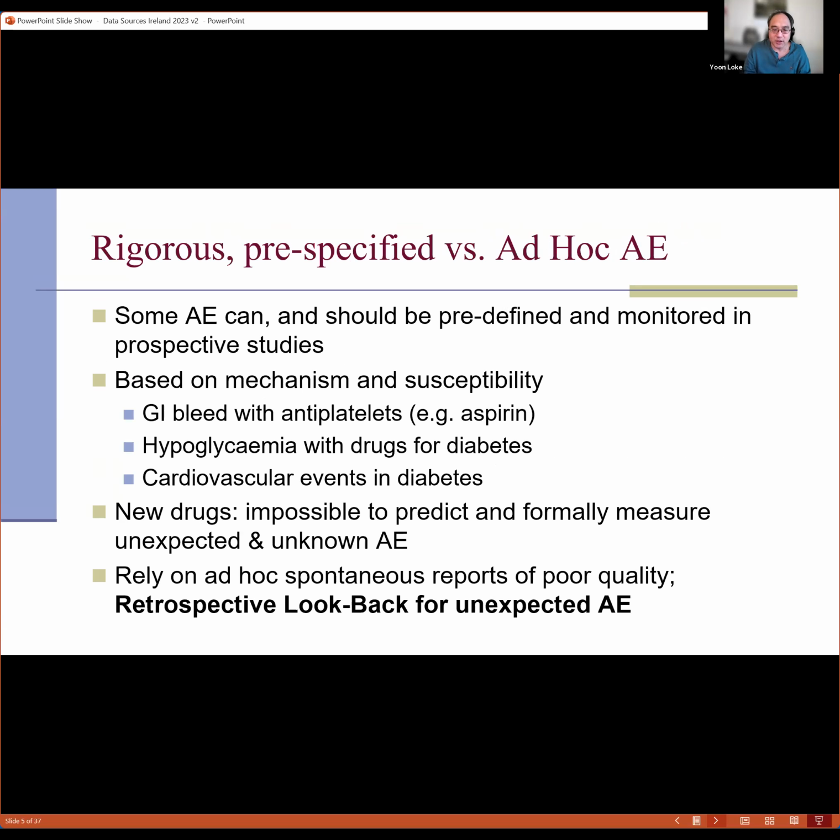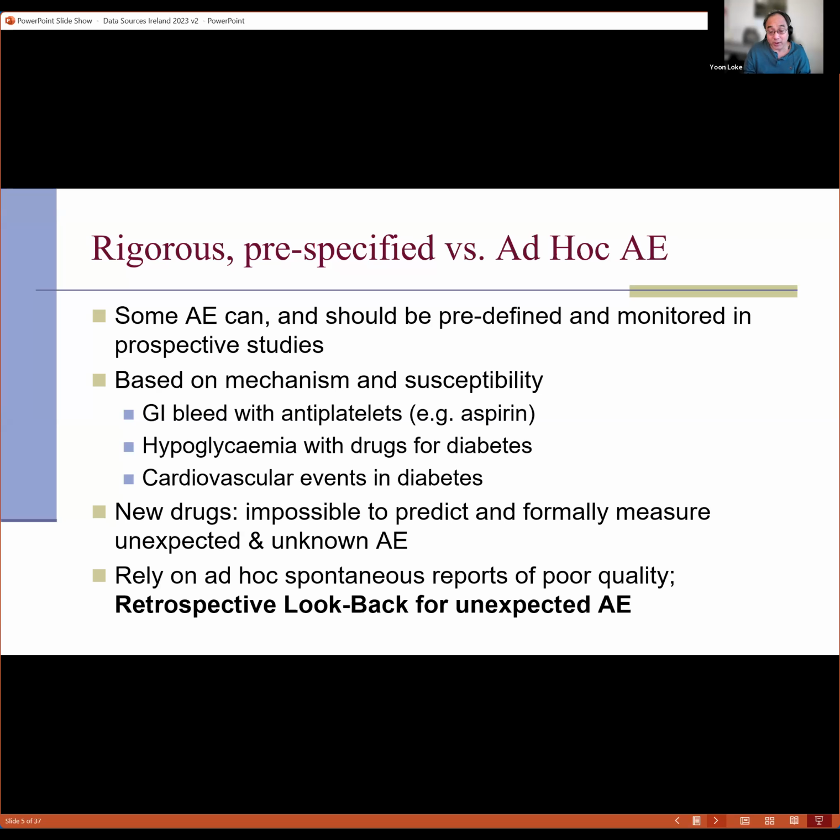So if you know that a drug knocks out your platelets and you're more likely to bleed, then the trial could measure bleeding. If a drug is used in diabetes and it causes low blood sugar, then you could measure how many people suffer from low blood sugar. So if you know the intervention reasonably well, you can pre-specify and define adverse events that should be monitored. And that helps you narrow down the list a little bit.